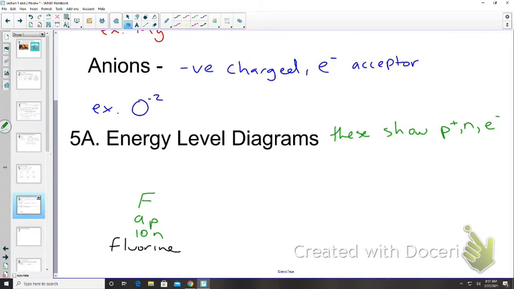If it has 9 protons? 9 electrons, very good. Okay? So we're going to have 9 electrons, and remember, we have 2 electrons in our first orbital, right? And then 7 electrons in the second orbital.